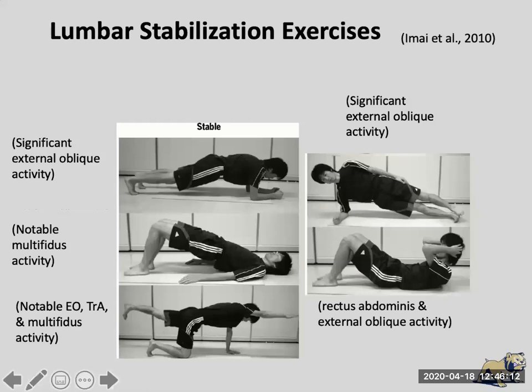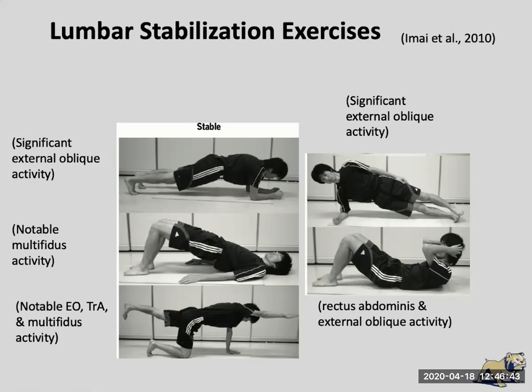So here in this study, this shows a few of those exercises that we talked about. So starting on our left column, the top there, really cueing into those external obliques there, a plank. And our bridge, which we see on the next picture, the middle picture there, really cueing in on those multifidi, and we can make that harder for the patient by having them lift a leg.